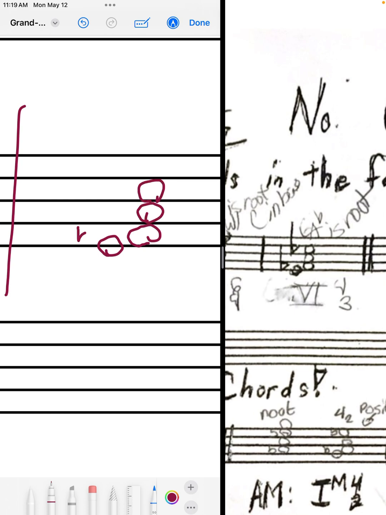So it'll be A flat, and it looks like the E flat. However, it's not a G flat in there. Don't see that being a possibility.